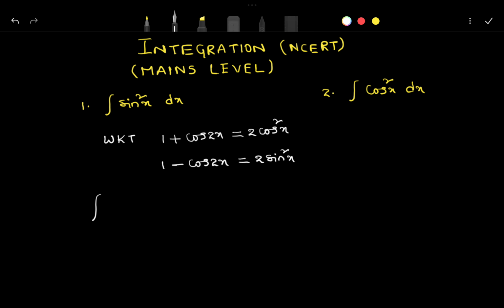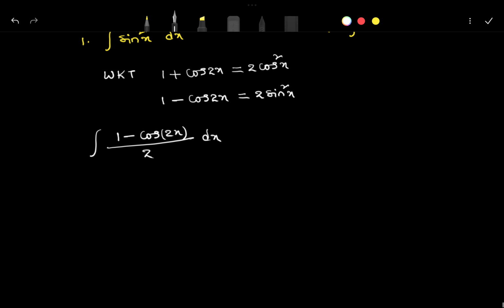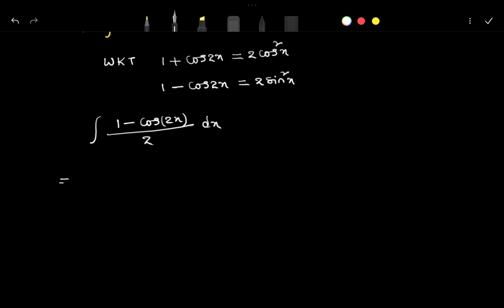So integration of sin square x, you can write as integration of 1 minus cos 2x whole divided by 2 into dx. After this, you simplify: that is equal to 1 by 2 into integration of 1 into dx minus integration of cos 2x into dx.